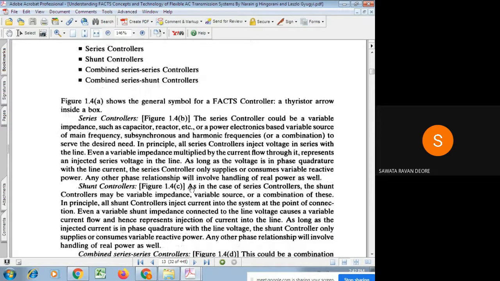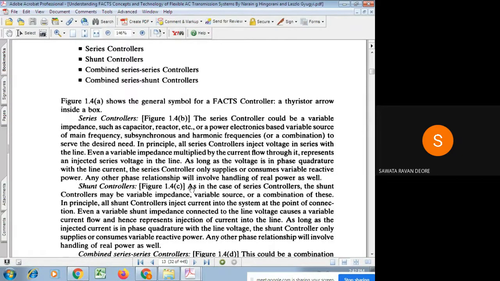In that we also discussed what the controller basically is. The controller may be a simple static variable impedance like a capacitor or reactor, or it may be a voltage source of fundamental frequency, subsynchronous frequency, harmonic frequency, or a combination of these.